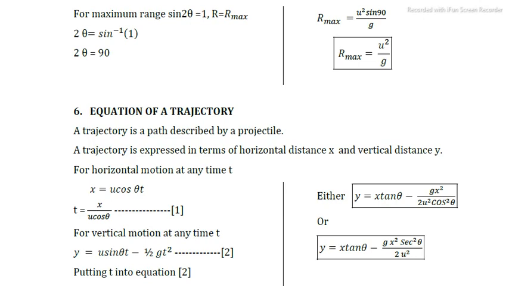So for horizontal distance, at any time we saw that x equals u cos theta t. That is from the second equation, and therefore if we make t the subject, we shall get t as x over u cos theta. Vertically, y equals u sin theta t minus a half g t squared.